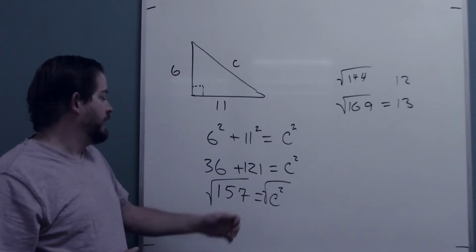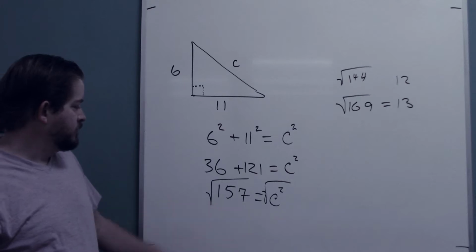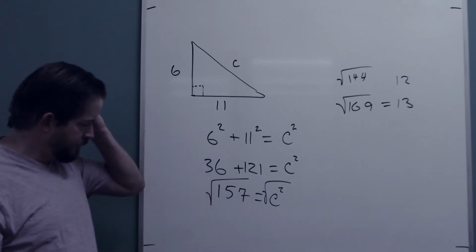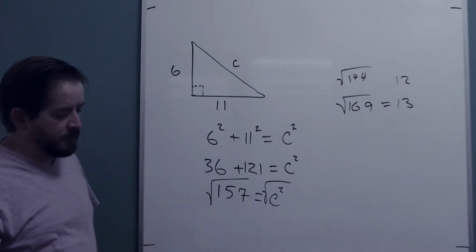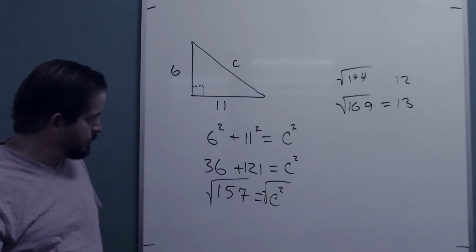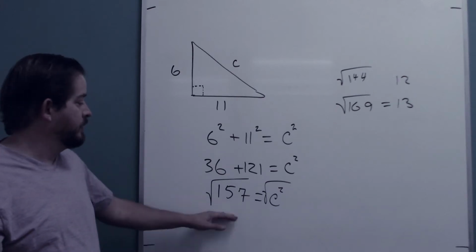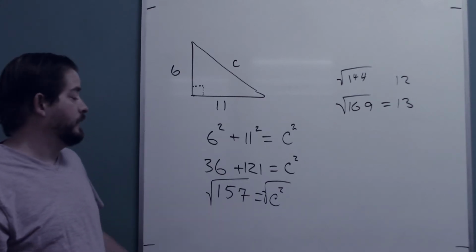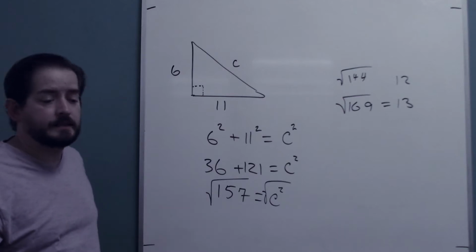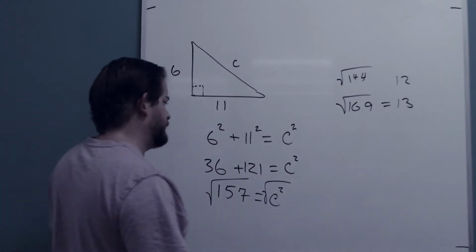But I can't really simplify this. 157 is not divisible by 2, or 3, or 5, or 7, or 11, or 13. It's not divisible by anything. It's actually a prime number, and so I'm done. I can't simplify this any further. That's it. Okay, let's take a look at another one.